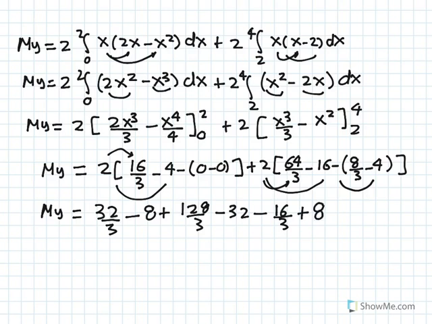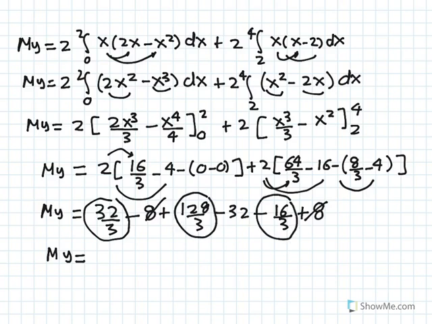Very easy to make mistakes here, so you really have to be careful when you're dealing with lots of minus signs and lots of fractions when we're adding all these fractions. 8 and minus 8 cancel out. So what do we get? We get my moment with respect to the y-axis is equal to, we have 32 over 3 plus 128 over 3 minus 16 over 3. If we add all of that up, we get 144 divided by 3 minus 32.